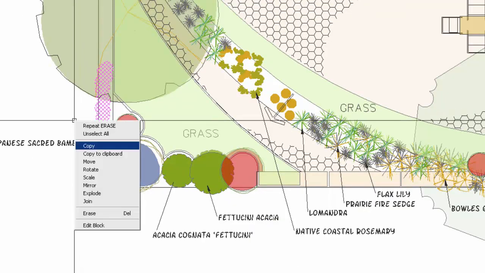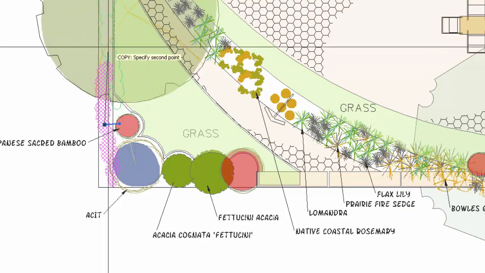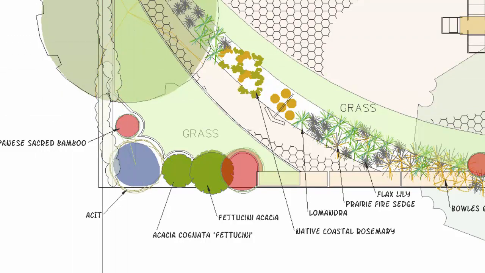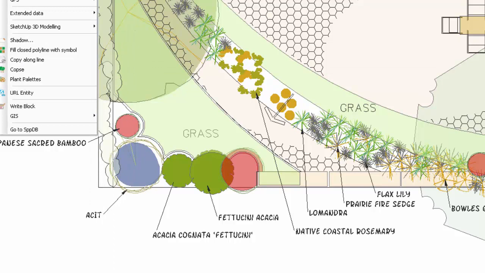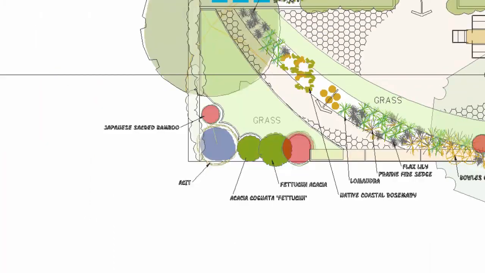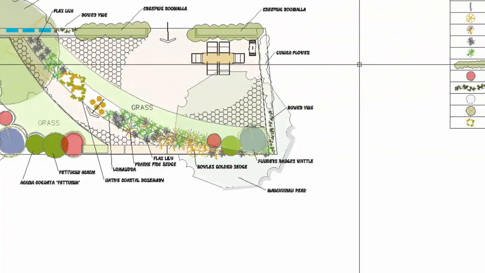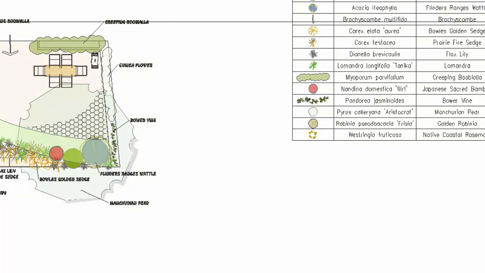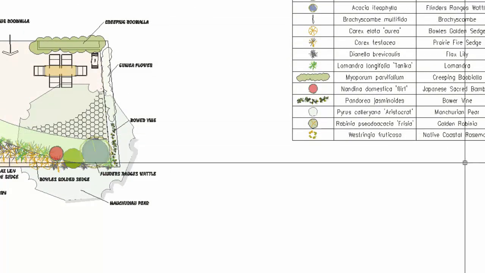Let's imagine we want to copy it from here and pop it up there, and if we then update our schedule, and we'll scroll across over here, and you'll see that there are now 3 instances of that particular species. So the update schedule tool is something you should run just before you print your design off.